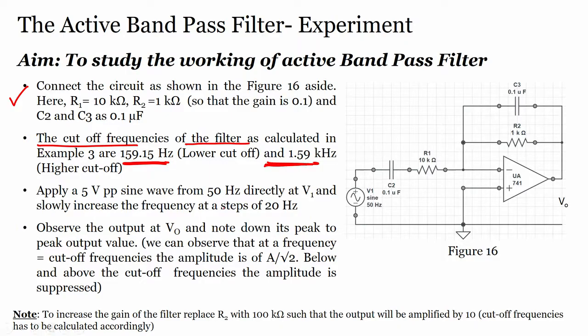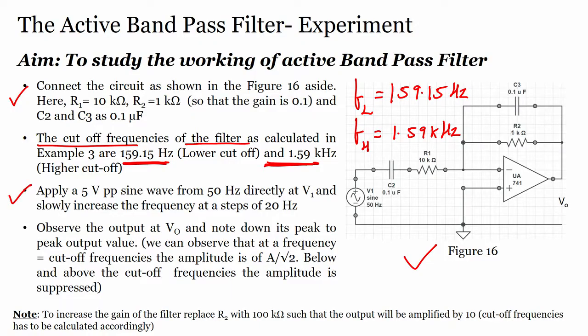This we have already seen in the example in the last module, that if we use this particular circuit, our lower cutoff frequency FL would be 159.15 hertz, and our higher cutoff frequency FH will be 1.59 kilohertz, that we have already calculated, right. So now once we know the cutoff frequencies FL and FH, what we will do?